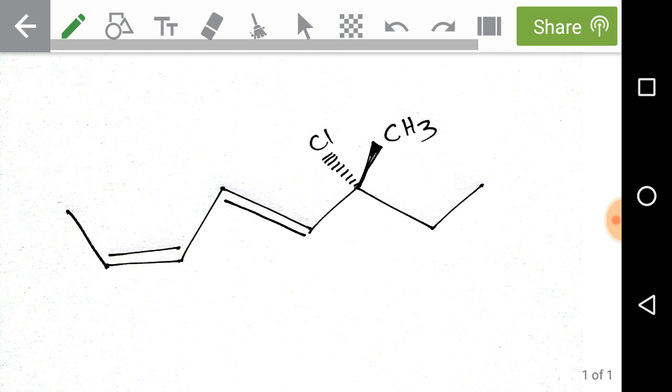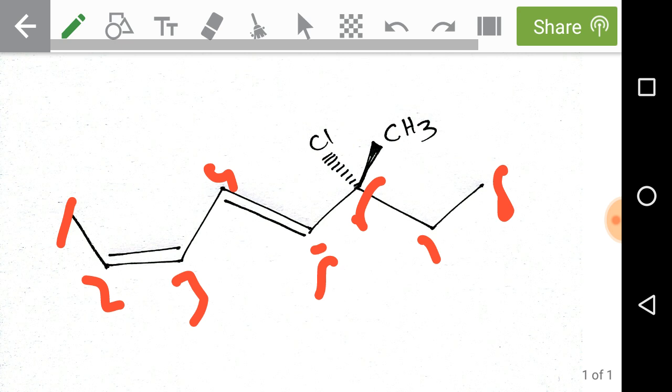Now we give numbering on that longest chain. We start numbering from this end: 1, 2, 3, 4, 5, 6, 7 and 8, from left side to right side, because here we need to give the lowest numbering to the principal functional group.